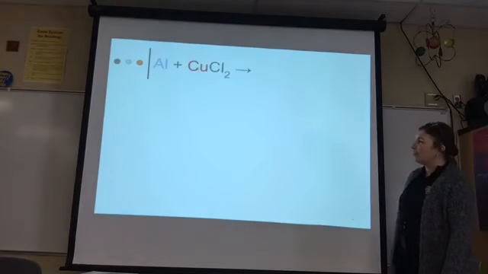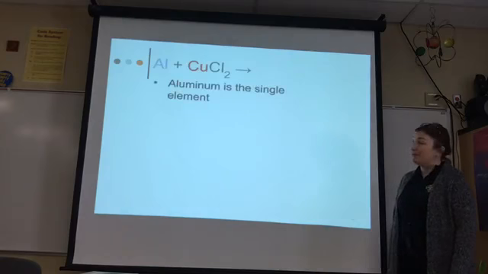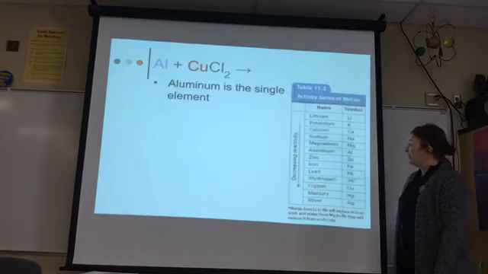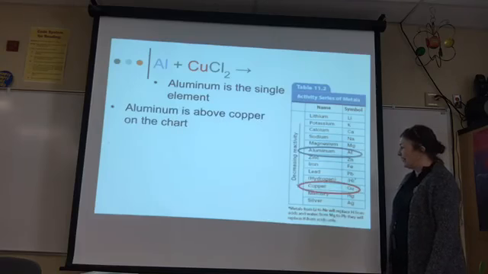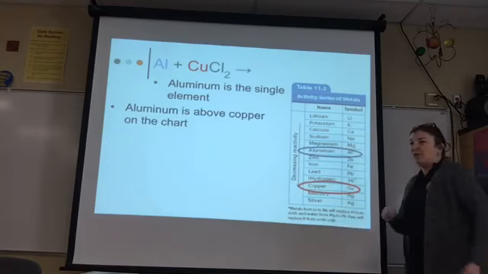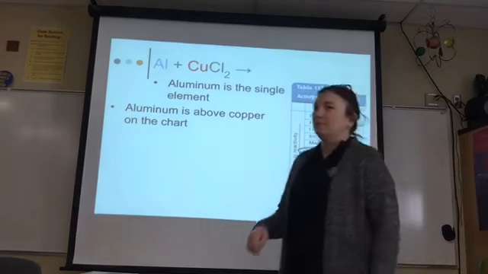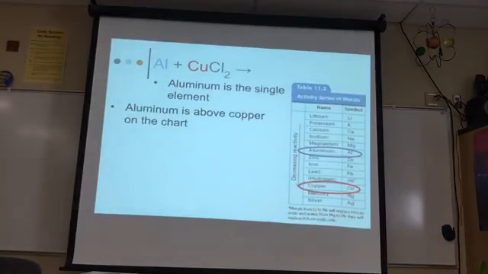Now if I go the other way, aluminum is the single element, and copper is down here. Copper 2 chloride is hanging out on the dance floor, and in walks aluminum. Says, come on, chlorine, let's go. Chlorine's like, oh my gosh, he picked me.